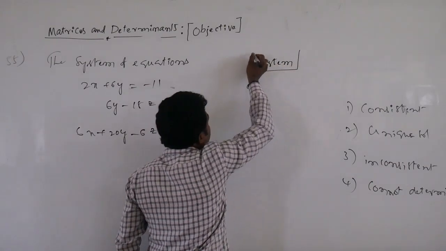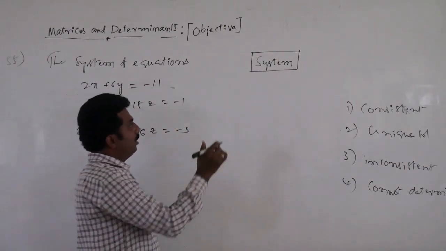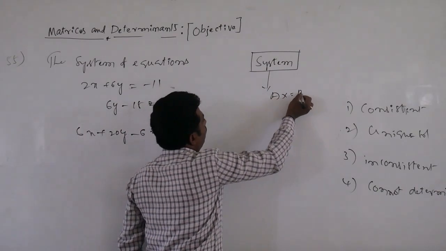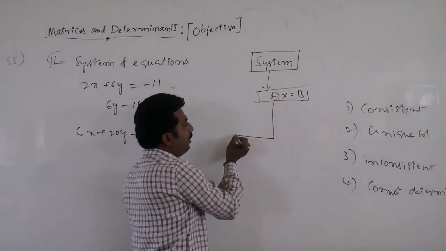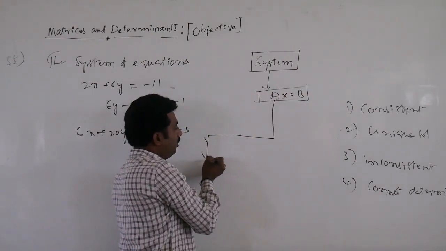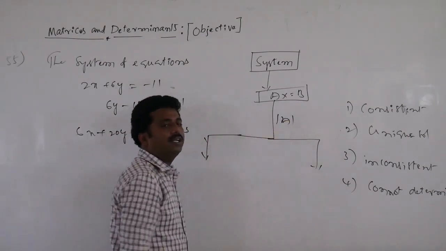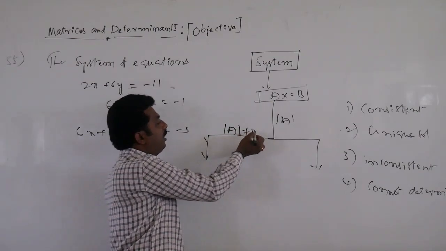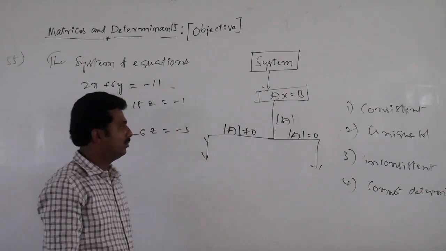This is the given system of linear equations, suppose. So this given system of equations we can write as Ax equal to B. First we will calculate the determinant of A. One case is determinant of A not equal to 0, the other determinant of A equal to 0.